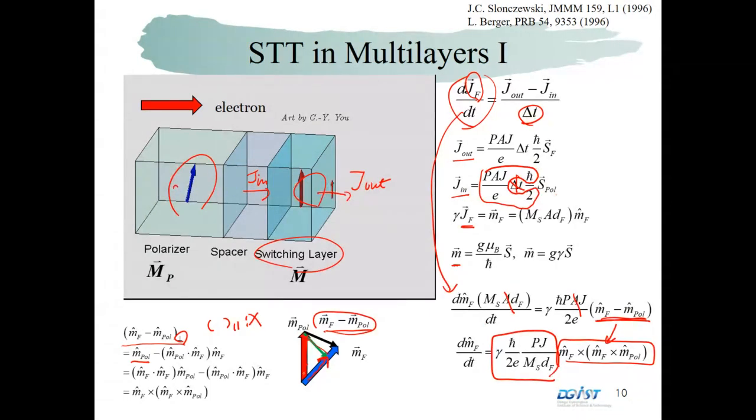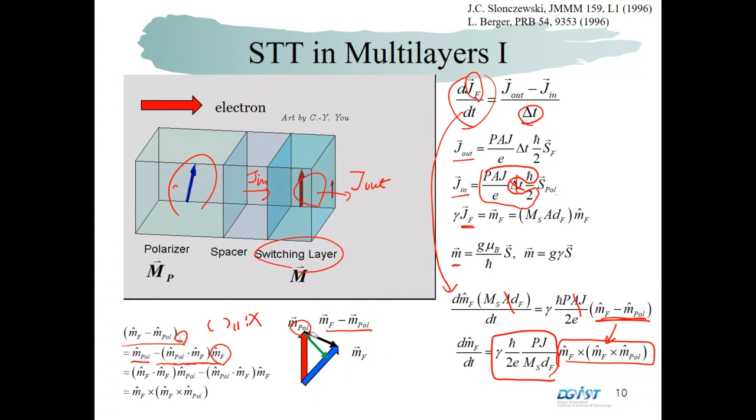This torque implies M polarization dot Mf, which means the projection of this polarizer vector onto this direction, the magnitude of this vector and the direction of Mf.